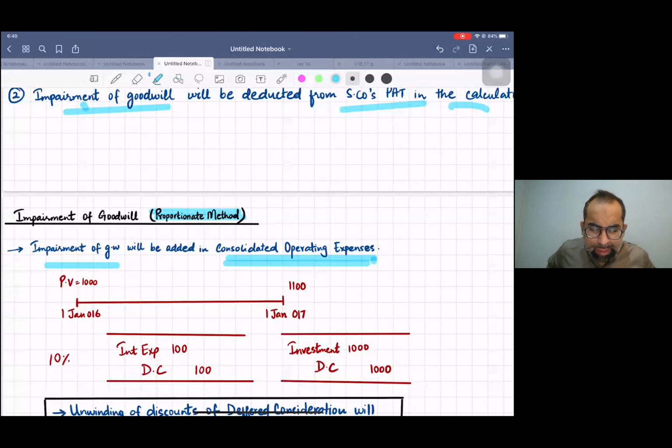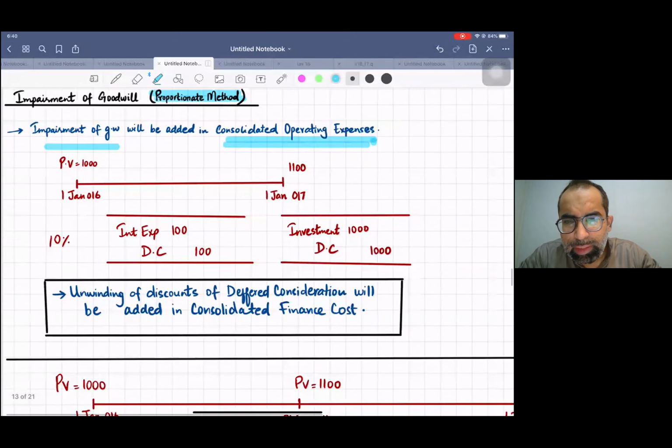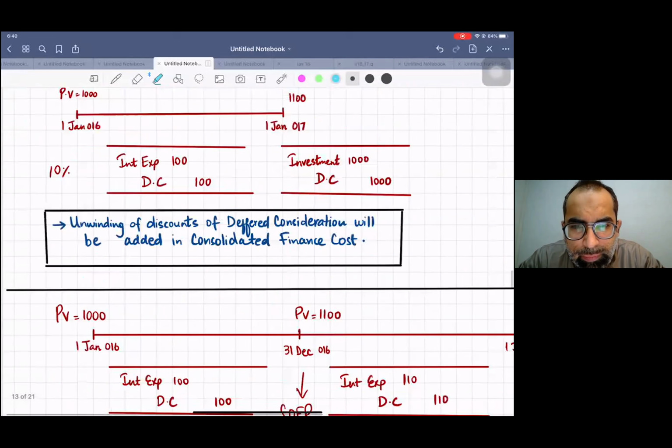Now, very simple thing. I just taught you the types of consideration, that deferred consideration.